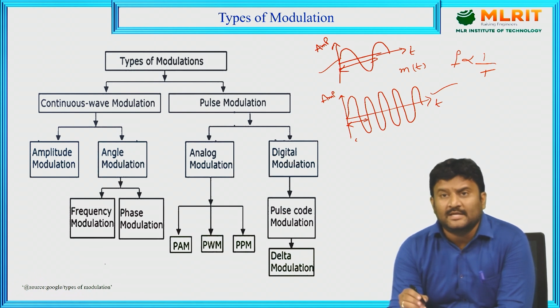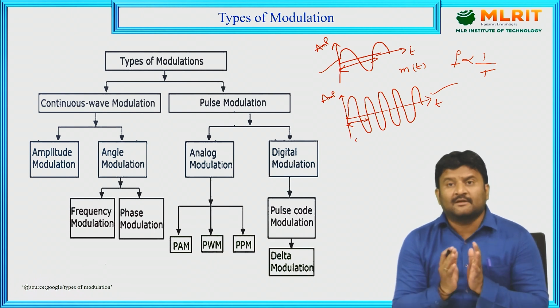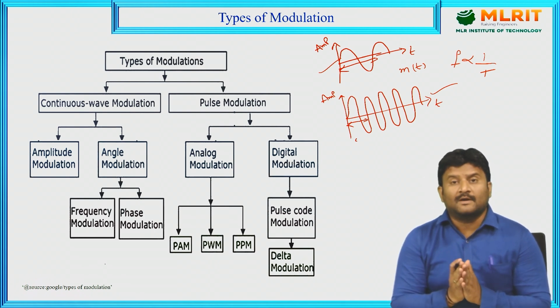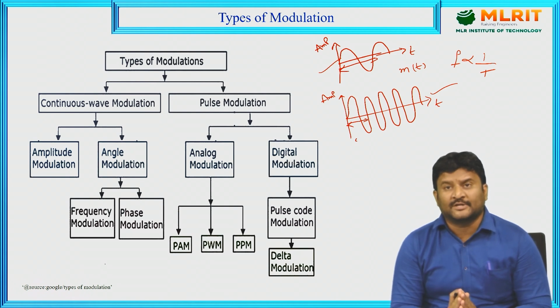For that purpose, we use a supporting signal of high frequency, that is the carrier signal. That means the carrier does not contain any information, but it provides a boosting or support to the message signal. When you combine both the signals, the process is called the modulation process. Our information is in the low frequency message signal, and we need a supporting signal, the high frequency carrier signal. Based on this knowledge, what are the types of modulation?